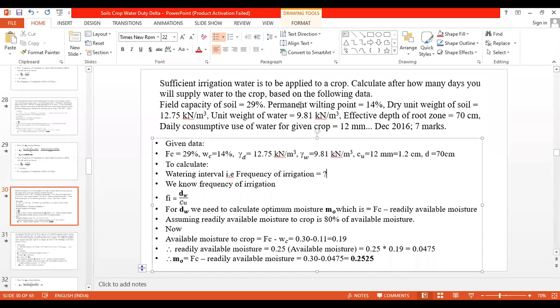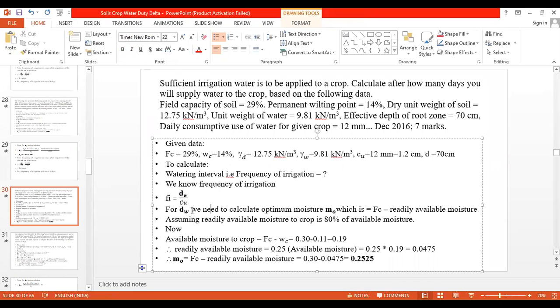Now I will solve for it. So now we know the frequency of irrigation is dW by Cu, that is the depth of available moisture upon the consumptive use. But that depth of available water or moisture is based on the optimum moisture content.